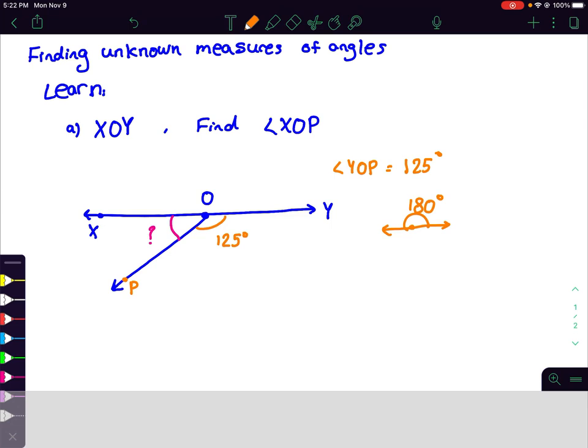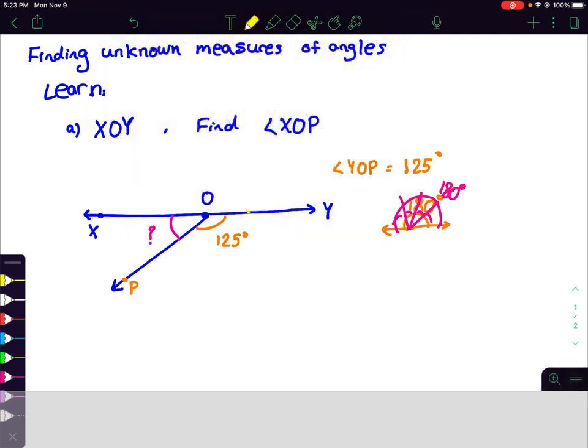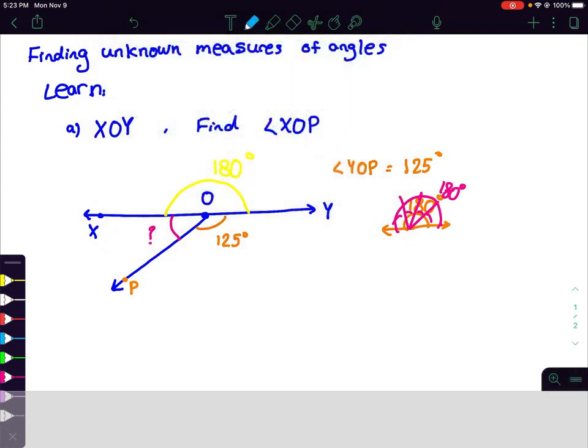So it doesn't matter in between how many angles we have, when we add these up, it must go to 180. So the same rule is applied here. We know from here to here is 180, and then we have this part, which is 125.